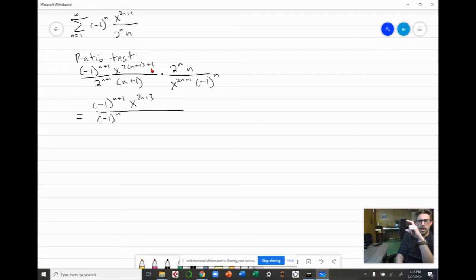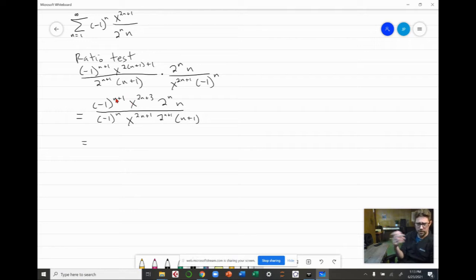We've also got, well, let's just get the whole numerator, a 2^n and an n. And now downstairs we got an x^(2n+1), we got a 2^(n+1), and we got an n plus 1. So in one fell swoop, I lined everything up and just put it into one fraction.